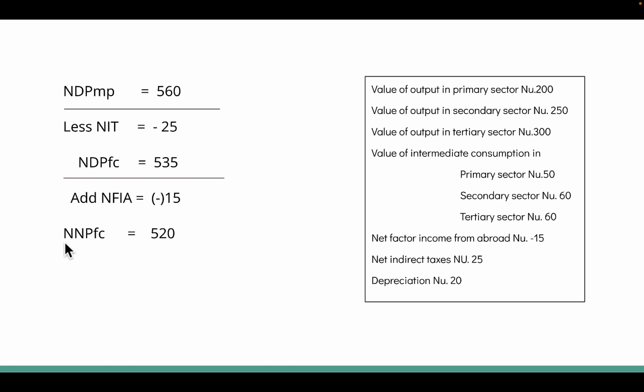So finally we have reached the national income, technically written as net national product at factor cost. We have deducted the net factor income earned from abroad from the domestic income, and so the national income is 520. This is how we calculate the national income by using the product method.